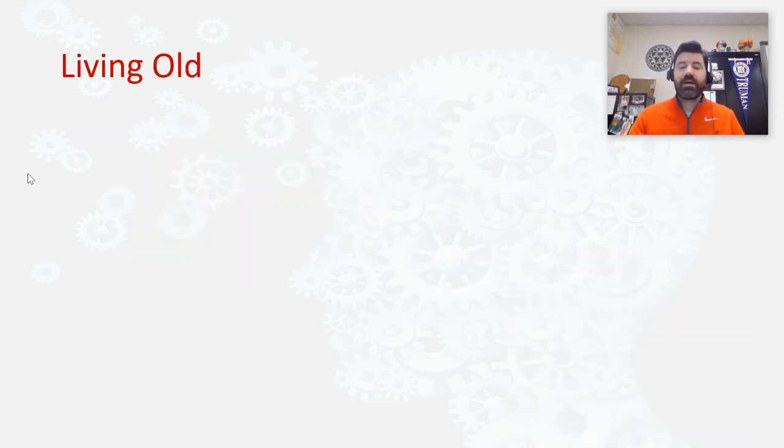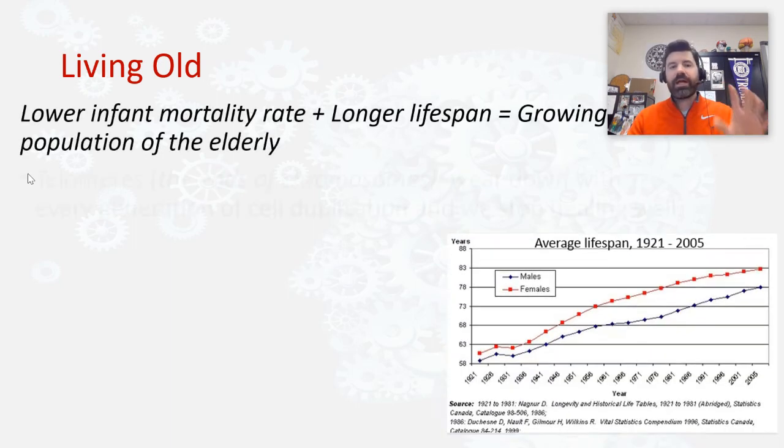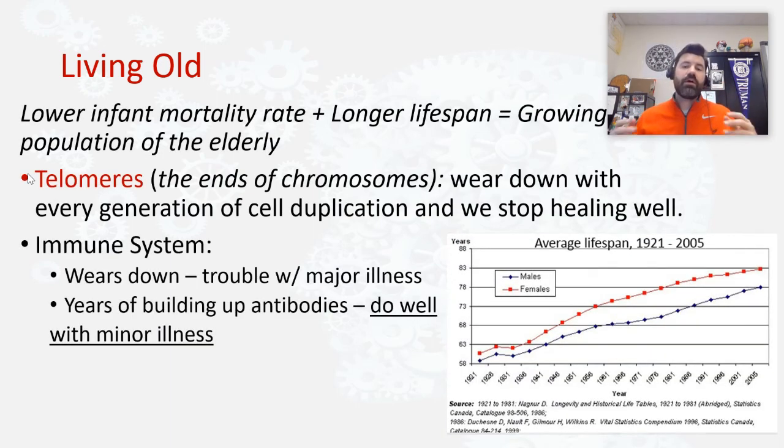And then our last slide for this lecture is some other elements of just kind of what happens while living old. First of all, we have a larger population of the elderly than we ever have before. This is kind of coming from two different ends. One, we have a lower infant mortality rate, and two, we are able to live longer because of modern medicine and technology. And so the result is we have this exploding population of the elderly.